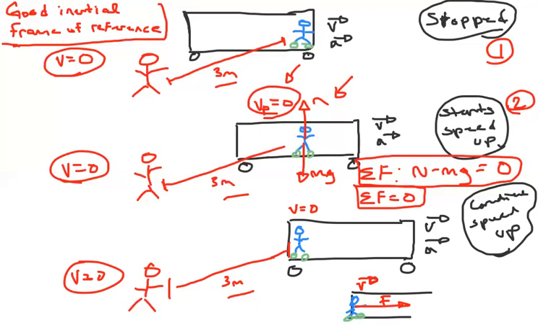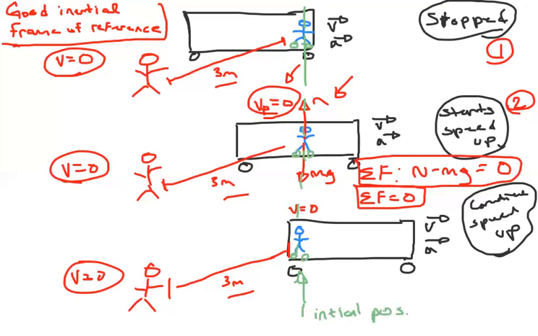But until the bus makes its way far enough that the back end reaches the person, that person just remains where they are, and we can see their position remains the same. This is their initial position. You can see it never changes. They stay at the same initial position the whole time.